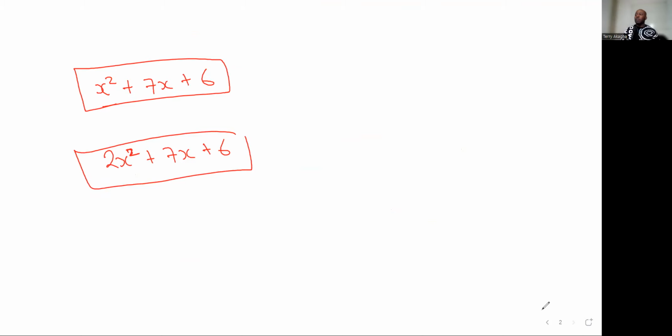How do you factorize? Now, there are some steps to take note of here. The first thing you need to do is ensure that the coefficient of x squared is not equal to 1.